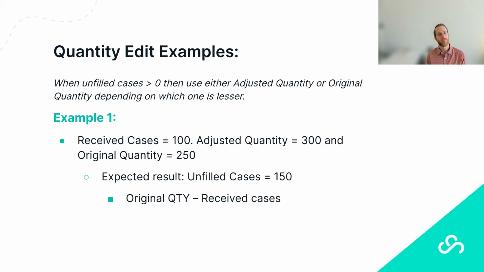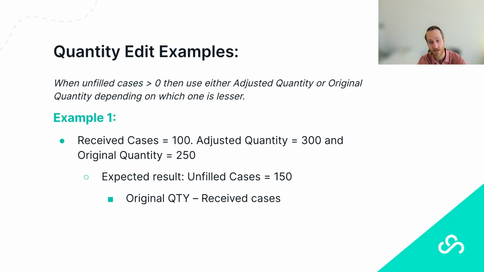If Walmart receives 100 cases, but you adjusted the order quantity to be 300, and the original quantity is 250, what would happen is they would just grade you on the original quantity. That is what they'll do on any system order, as well as the fact of which one is lesser.